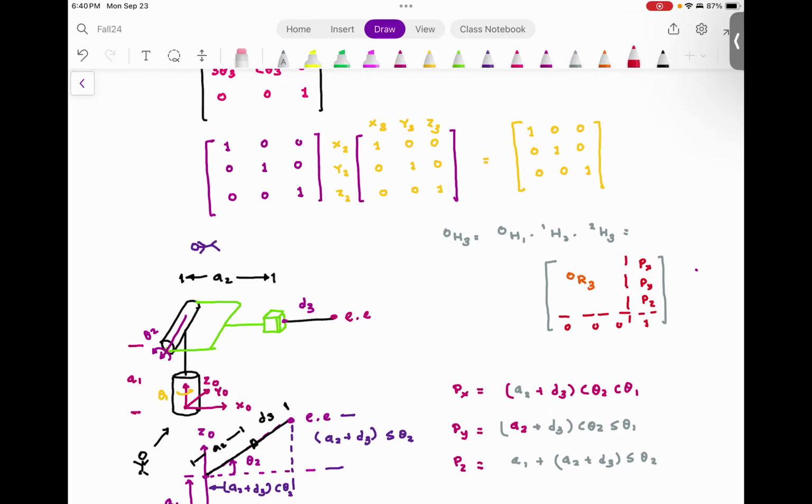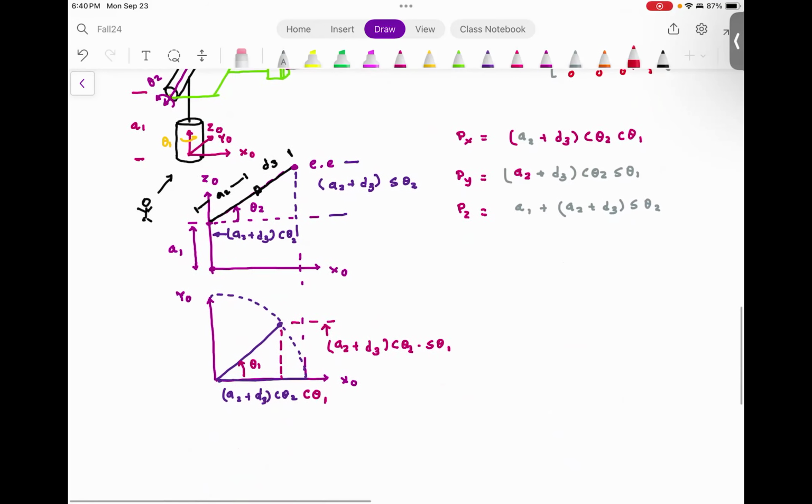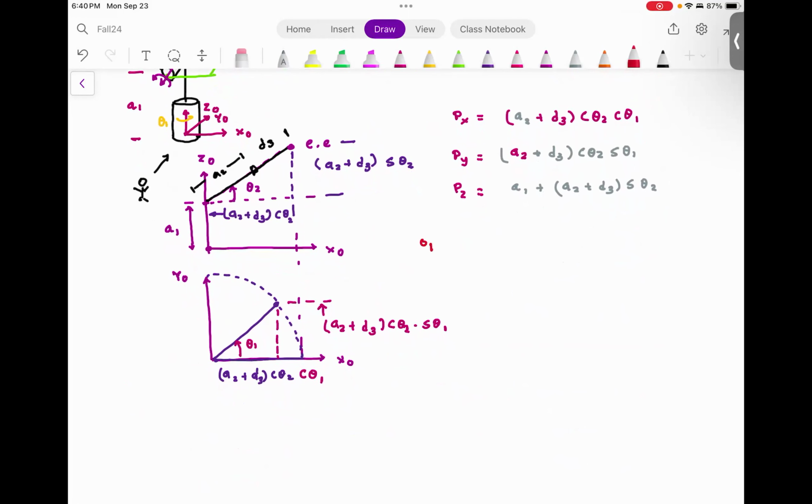So this 0R3 matrix, and it is extremely important, shows orientation of end effector with respect to 0th frame. And the 0th frame is x0, y0, z0.